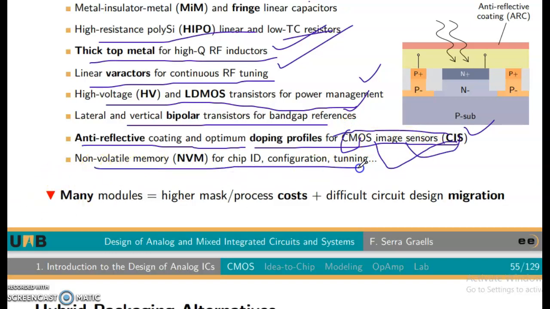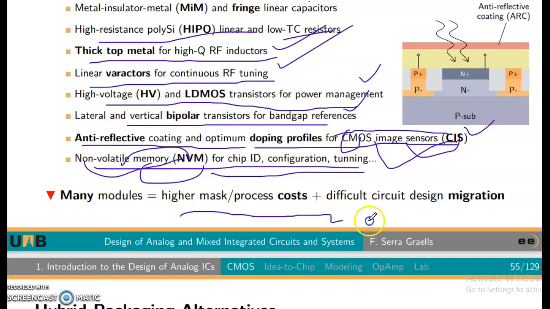And non-volatile memory, NVM, for chip ID, configuration and tuning. Many modules mean higher mask count, higher process cost, and difficult circuit design migration.